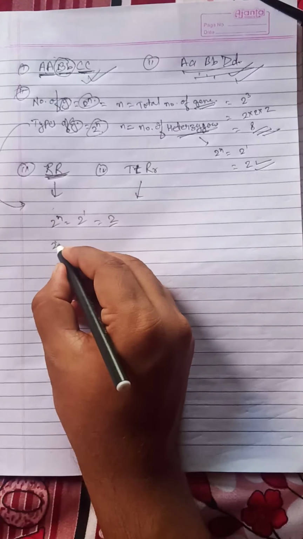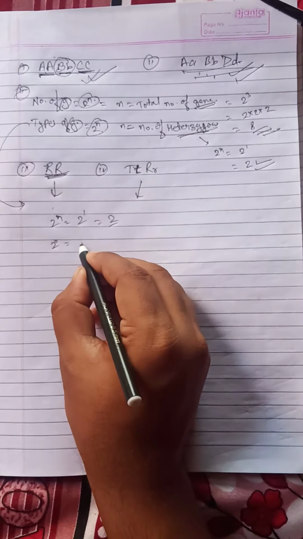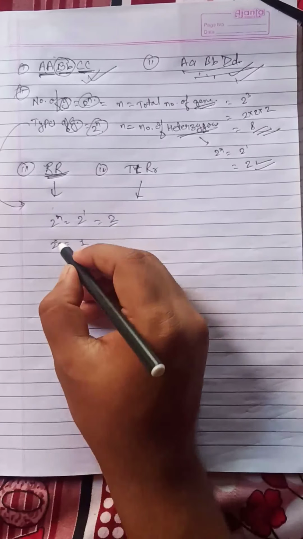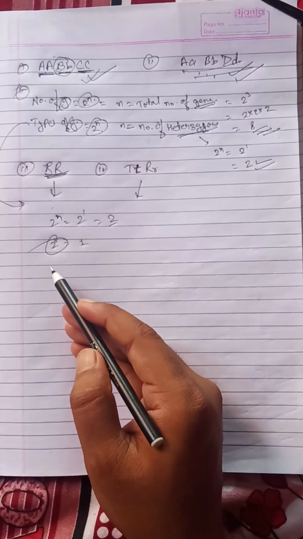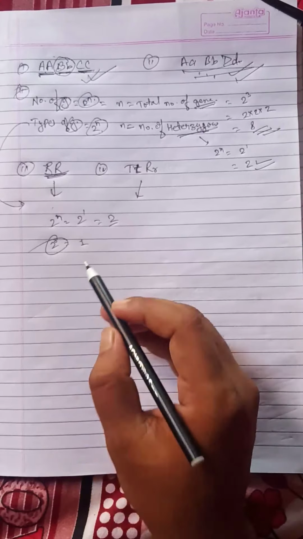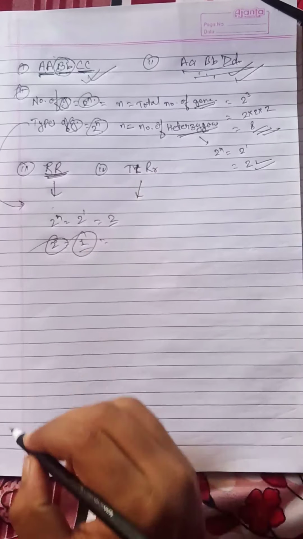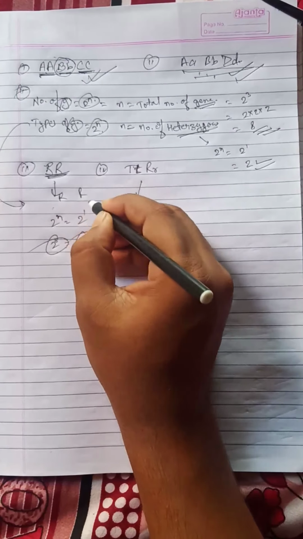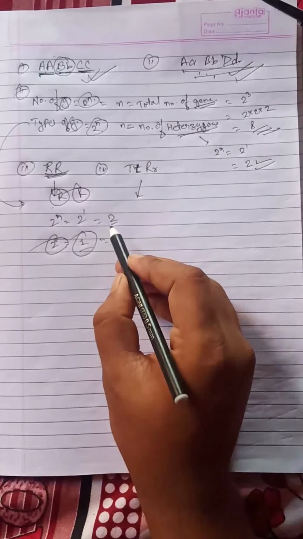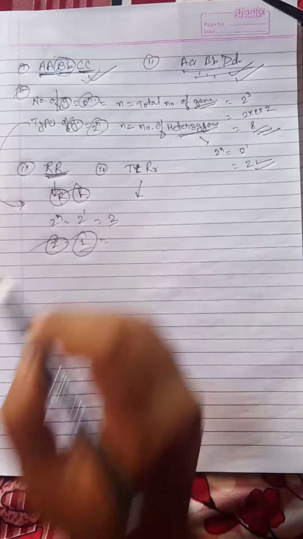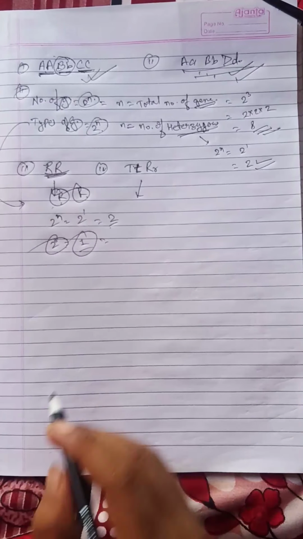So 2 to the power 0, and types of gametes will be 1, because this is a mathematical calculation and you know it much better. That means the types of gamete will be 1, that is R, while the number of gametes will be 2. Is it okay?